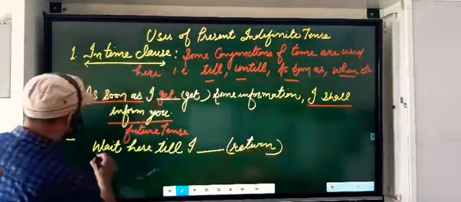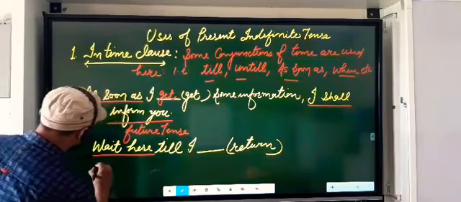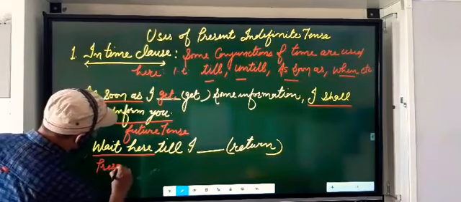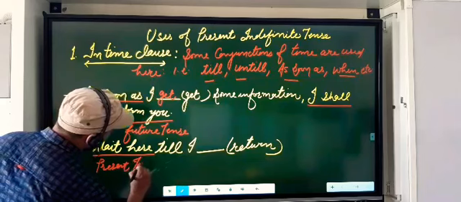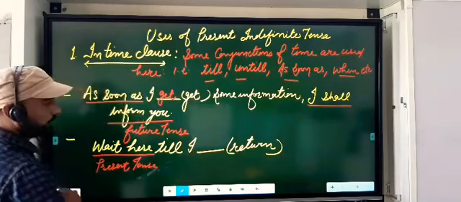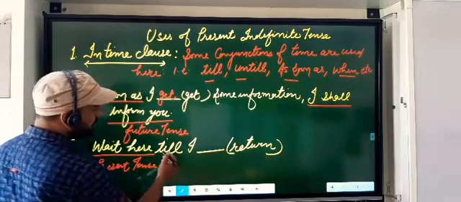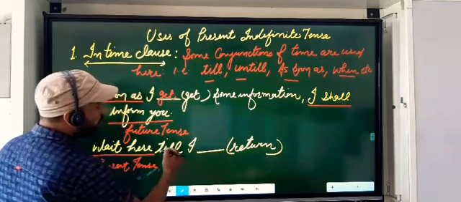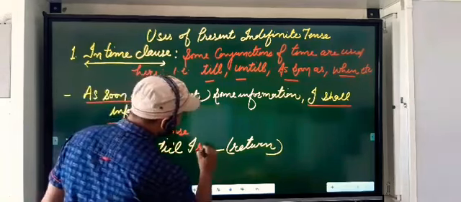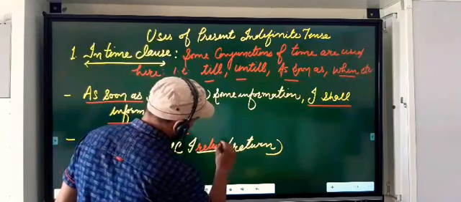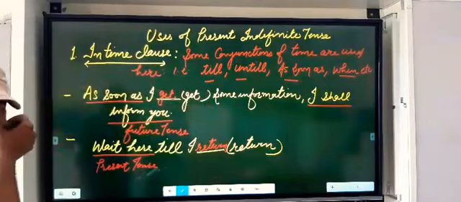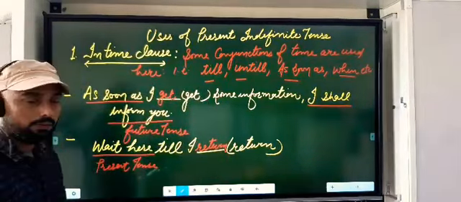Here we find that in this independent portion, future tense is given. In the second portion where the conjunction of time is used, we use present indefinite tense, I return. One more example.